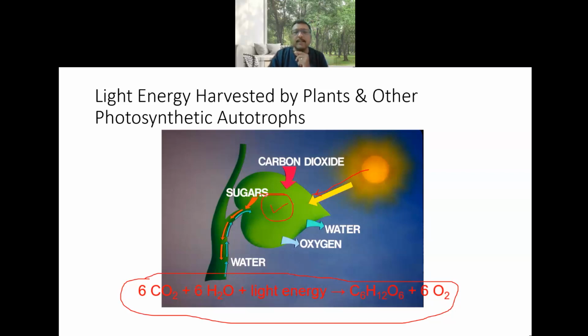In the chloroplast, carbon dioxide, water, and light energy are trapped and converted into glucose, a carbohydrate. Oxygen is released, and even water is released.